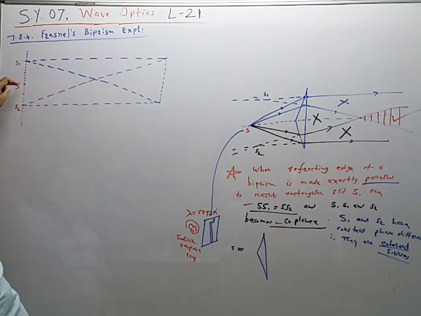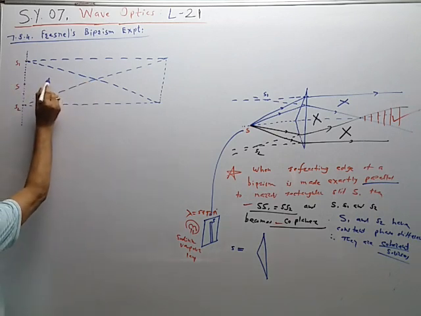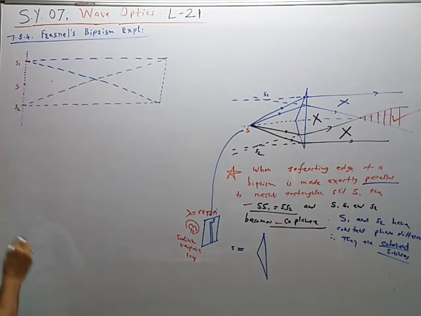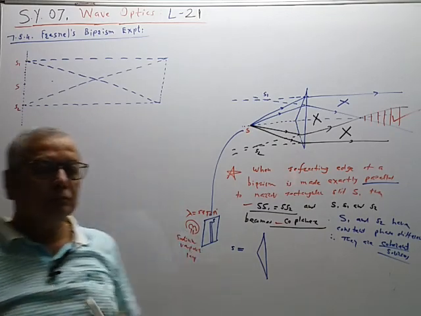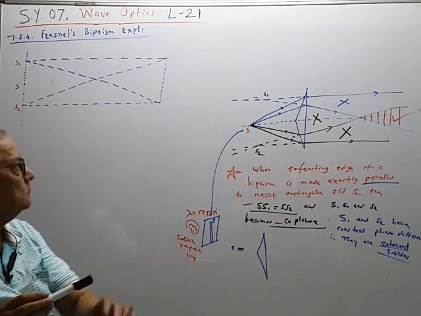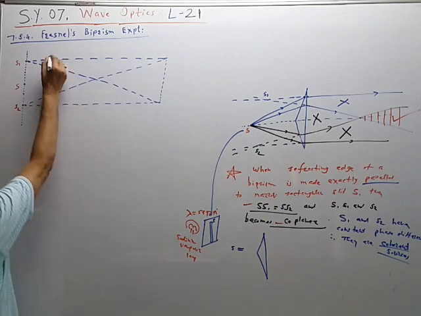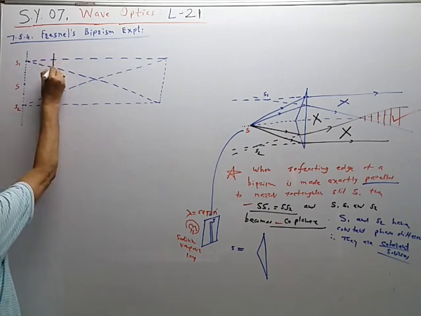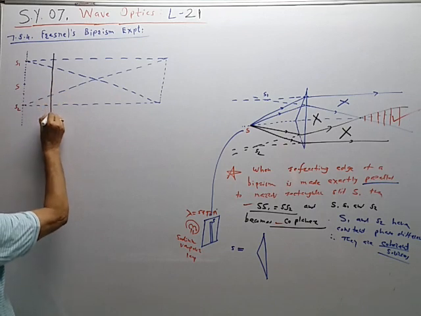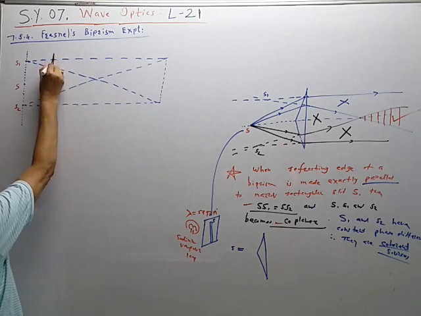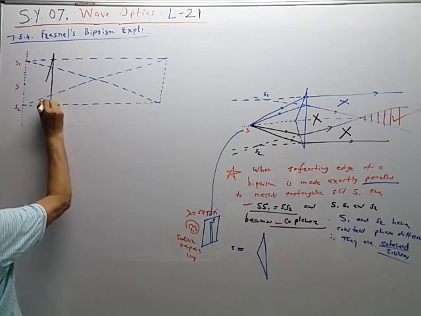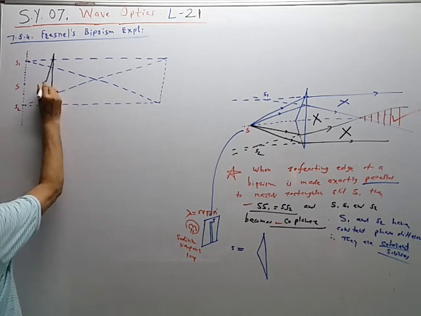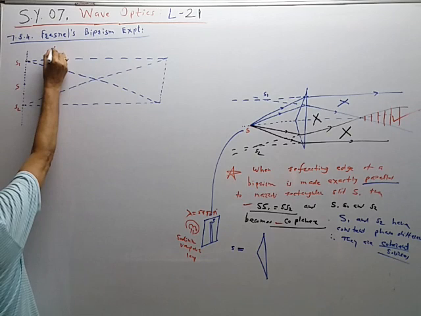Between this point and this slit, approximately here, we show the biprism. So now I will show the biprism. B for biprism.